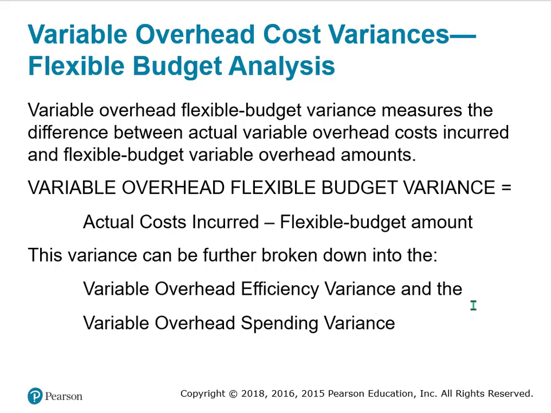If, for example, our actual output was 10,000 units, the budgeted machine hours were 4,000, and the budgeted variable overhead cost per machine hour was $30, the flexible budget would be calculated by taking 0.4, which is 4,000 divided by 10,000 to get machine hours per unit, times $30 times 10,000 actual units. So the variable overhead flexible budget variance can be further broken down into the variable overhead efficiency variance and the variable overhead spending variance.